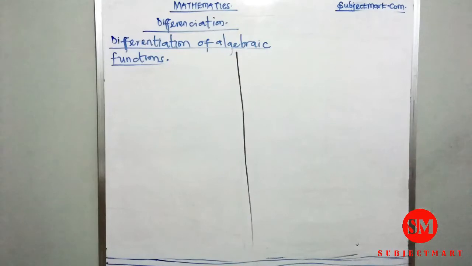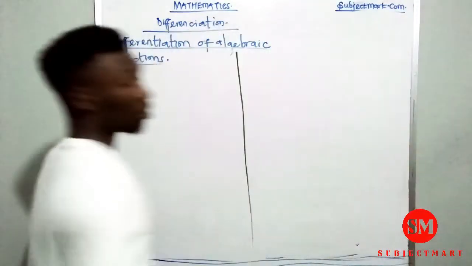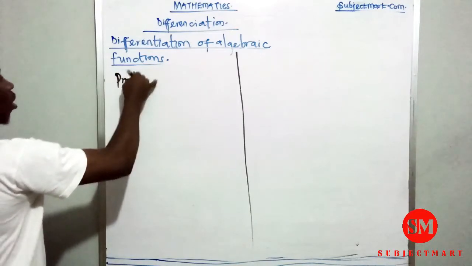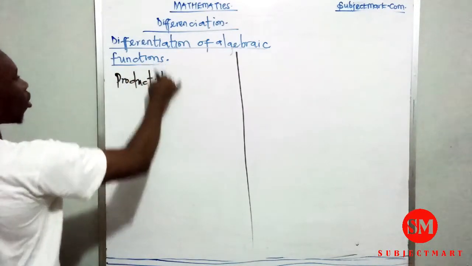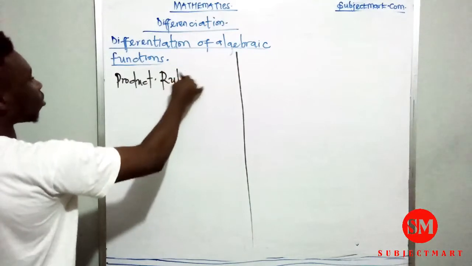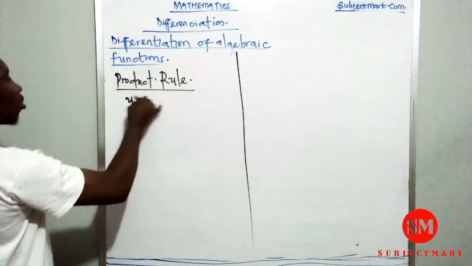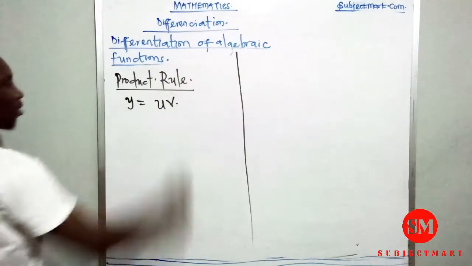So with this, we move to the next technique of differentiation, which is what we call the product rule. We call it the product rule because we are dealing with the combination of two different functions, u and v.